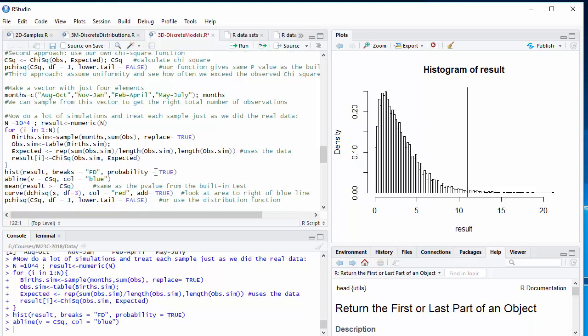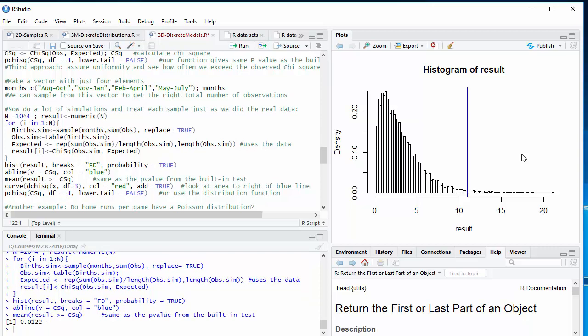We show the actual data on the histogram with a vertical line, and we compute the fraction of the time that the histogram shows a greater value for the chi-square statistic. And that again is 0.01 and change.